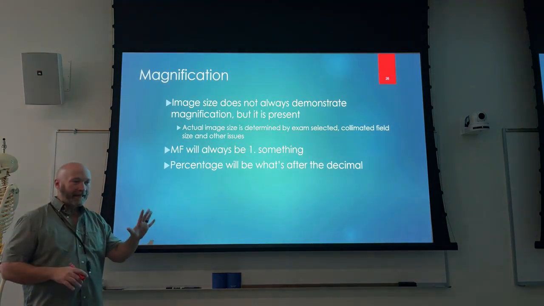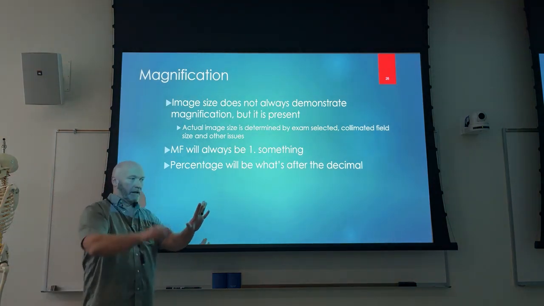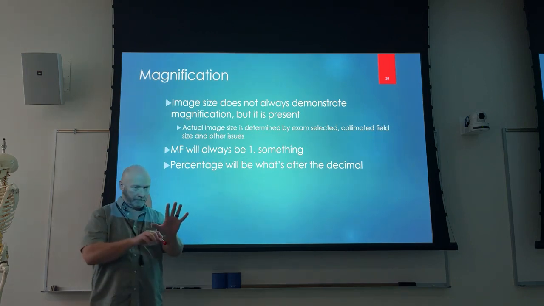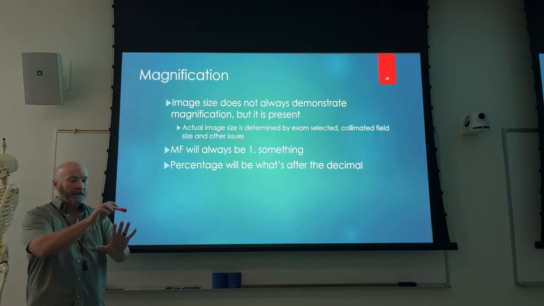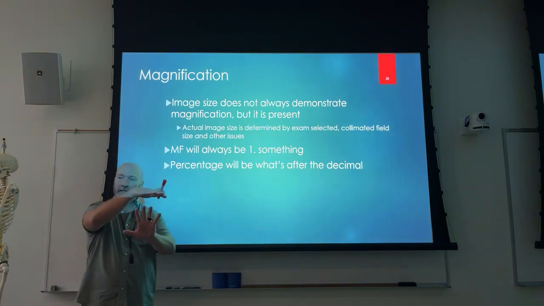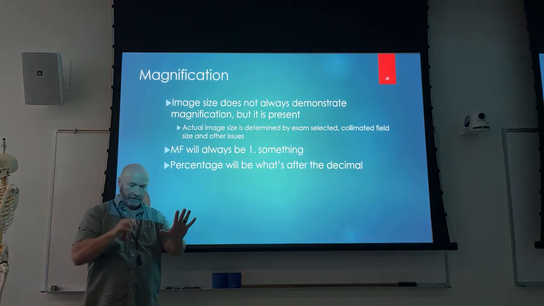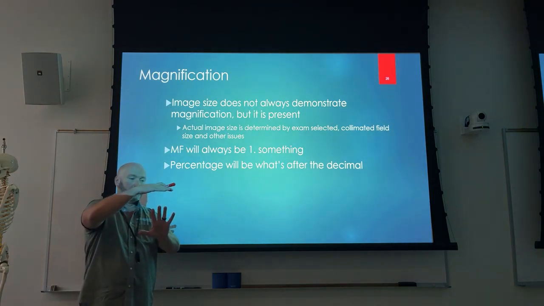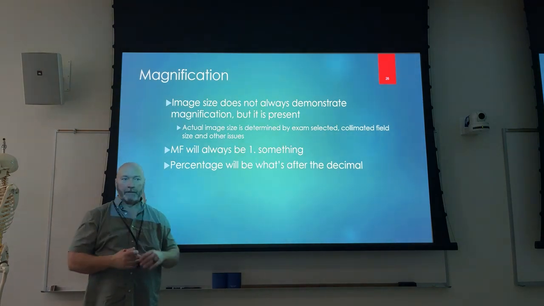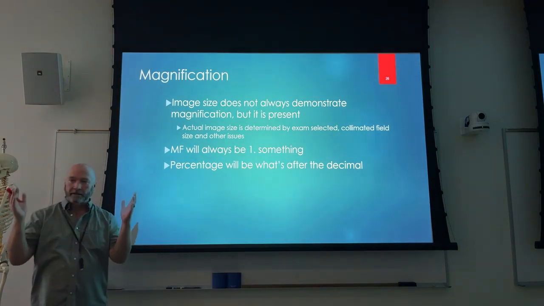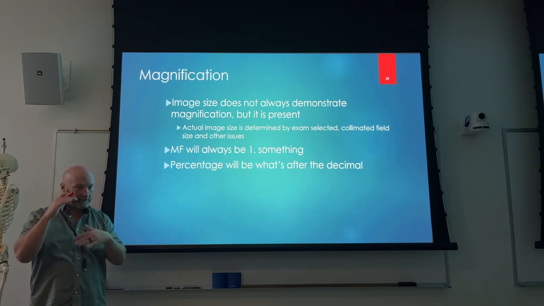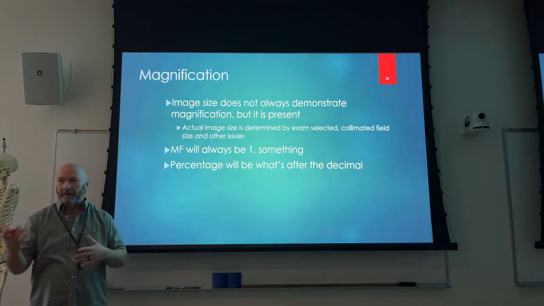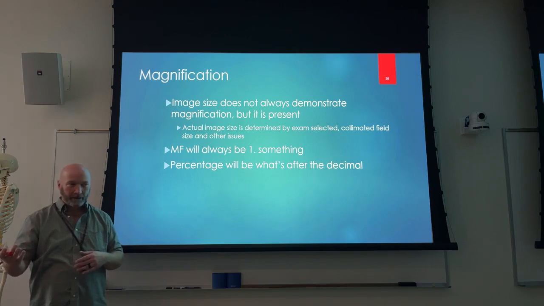So if you don't collimate enough and you leave your collimated field open more than what you should, even though you selected hand on the menu, it thinks your hand is as big as your collimated field. So in display, it's going to give you a smaller appearance of the hand than what would be represented by the actual anatomy. Does that kind of make sense?